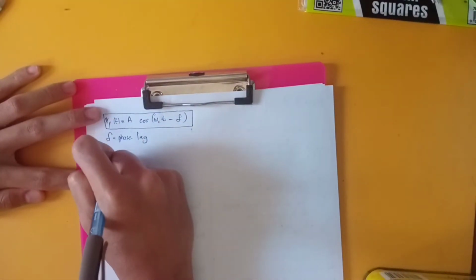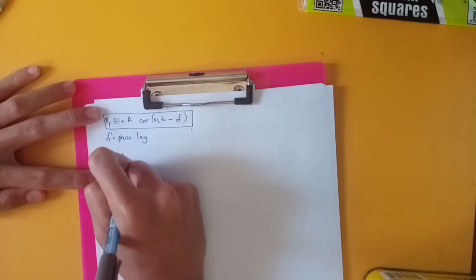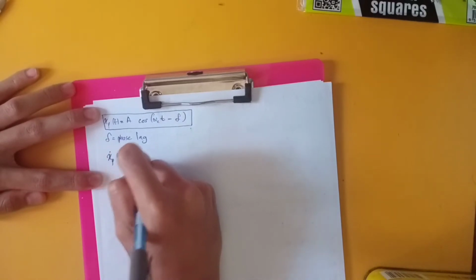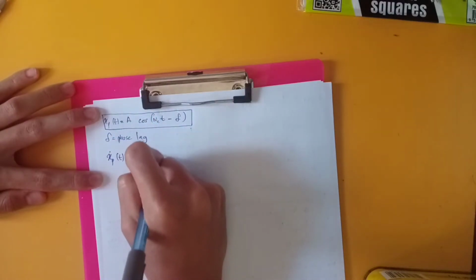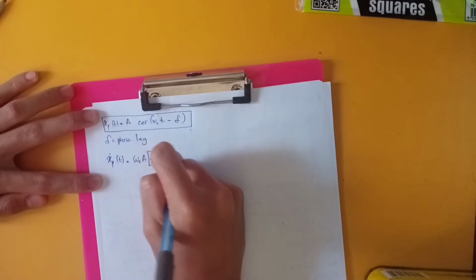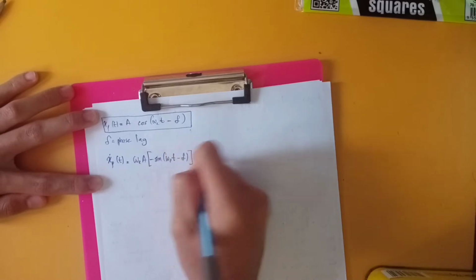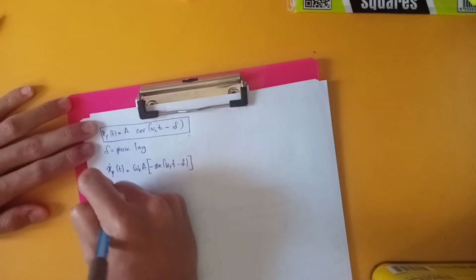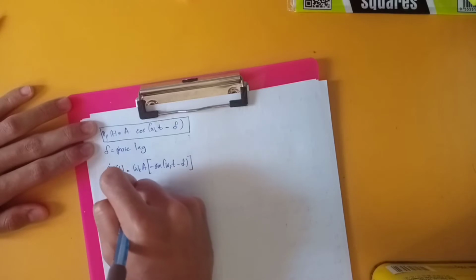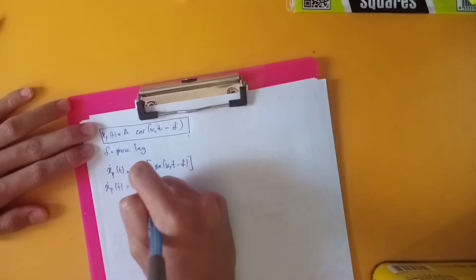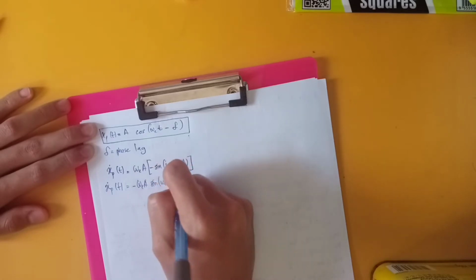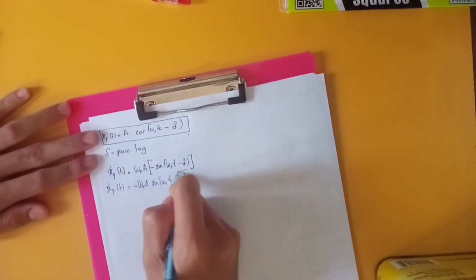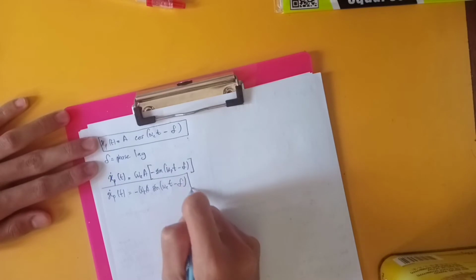So ẋ_p(t) is equal to ω_e times the derivative of the cosine, which becomes a negative sine. Finally, ẋ_p(t) equals negative ω_e A sin(ω_e t − δ). This is the velocity of the particular solution.